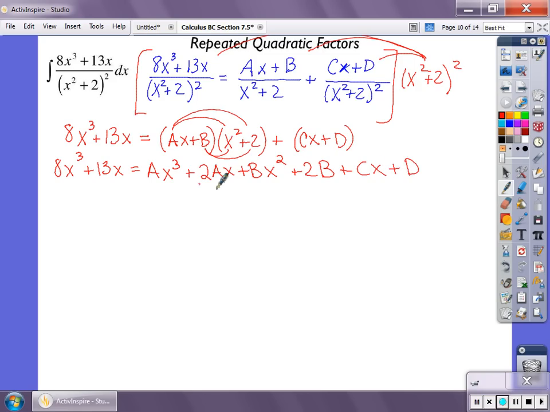So we have our 8x cubed plus 13x equals, well, there's no other x cubed up there, so ax cubed. I see a quadratic term there, plus bx squared. I see linear and linear, so plus, in parentheses, 2a plus c times x. I factored the x out of those two expressions there. And then I have this constant, 2b plus d.